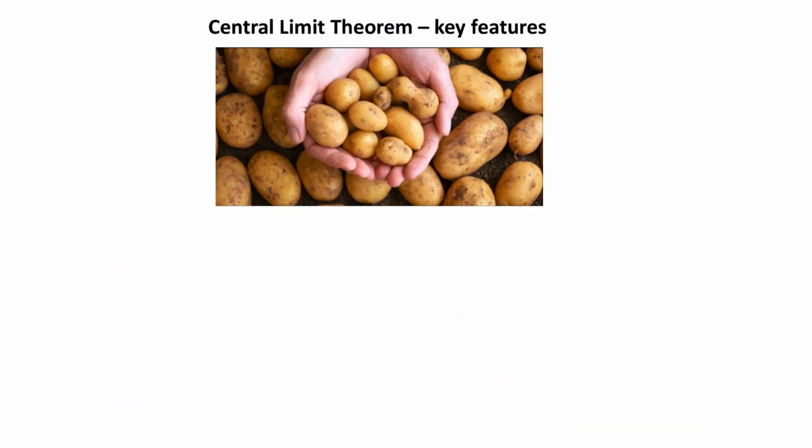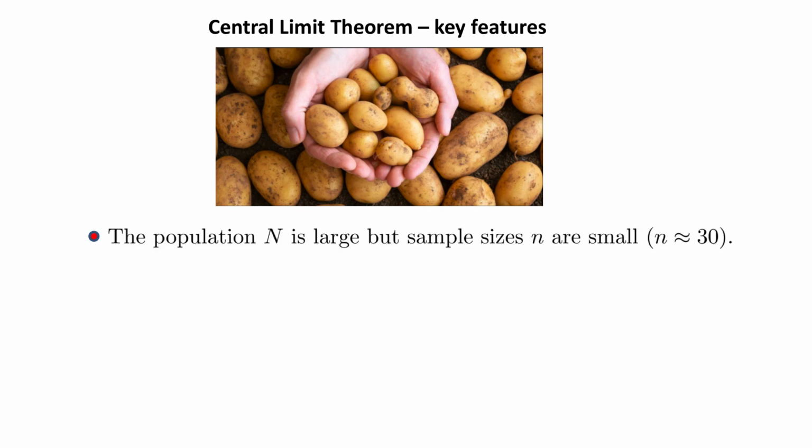Before we get into the central limit theorem and learn how to prove it and then apply it, let me emphasize a few key features. First of all, generally speaking, the population n is large. So for example, this could be a population of a country which has many millions, but suppose we want to look at the heights of people in that population.